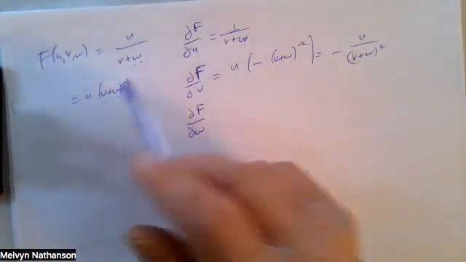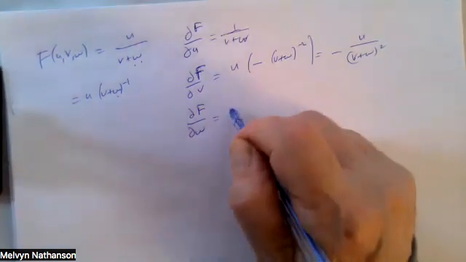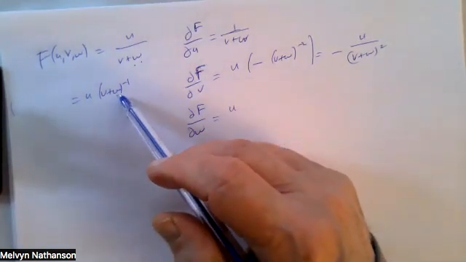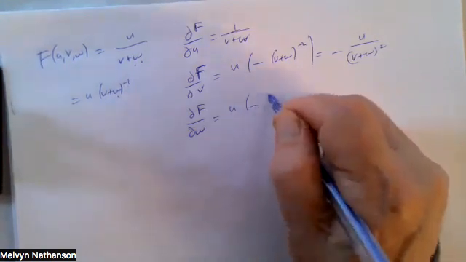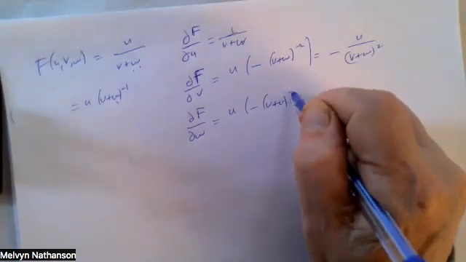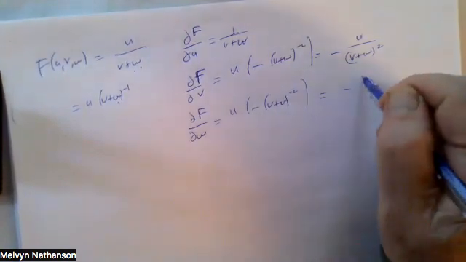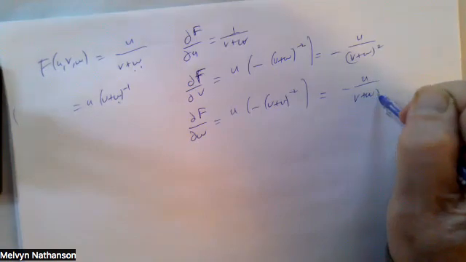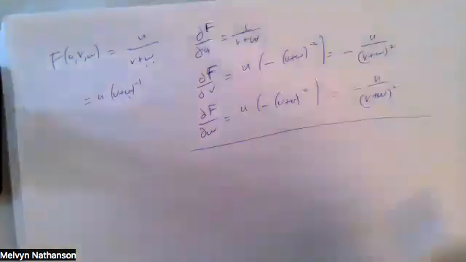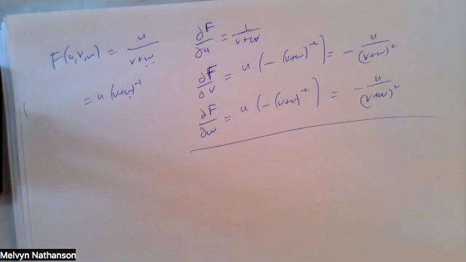And if we differentiate with respect to w, again, this is u, and the derivative of v plus w to the power minus 1 is minus v plus w to the power minus 2. So this is again minus u over v plus w squared. Any questions about this?